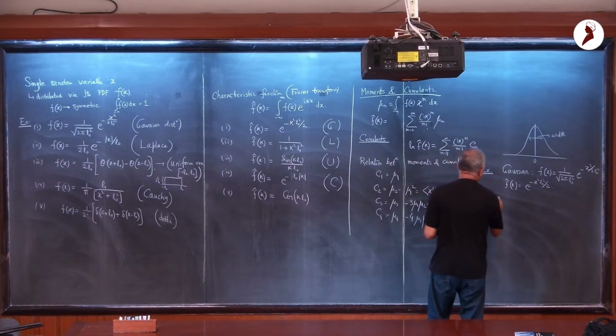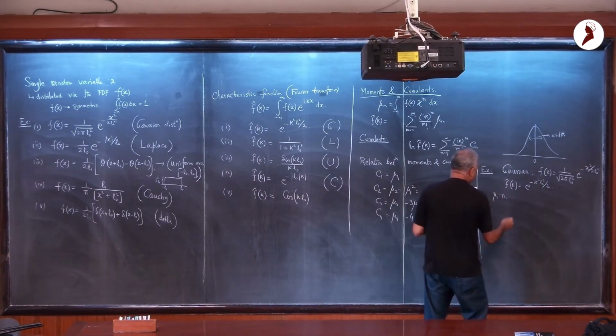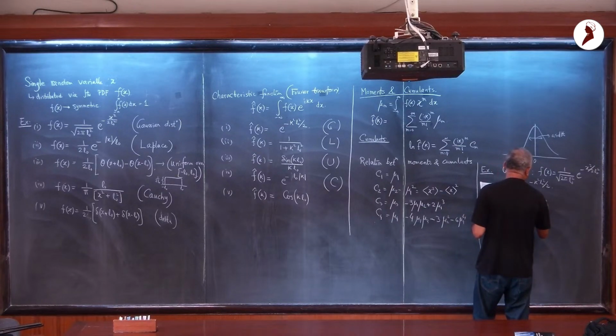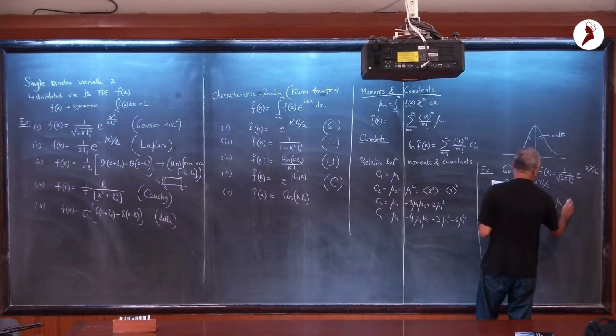So you can calculate the moments easily. Mu1 is of course 0 because it's symmetric. Mu2 is L naught square. Mu3, all the odd moments vanish. Mu4 is 3 L naught to the 4, etc.